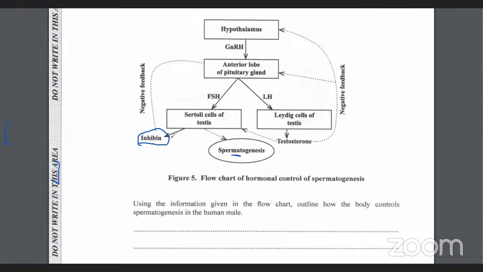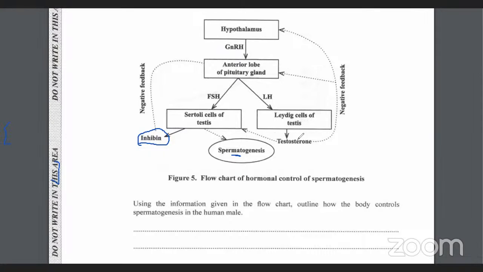Once inhibin is secreted, it is going to stop the production of FSH. So notice they draw the dotted line to the pituitary gland. So inhibin stops the secretion of these hormones.